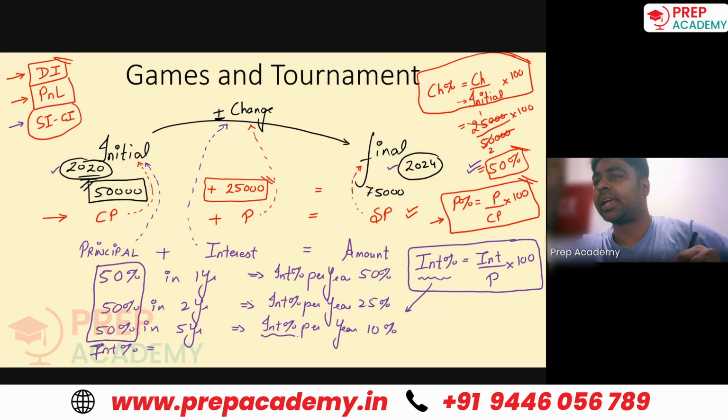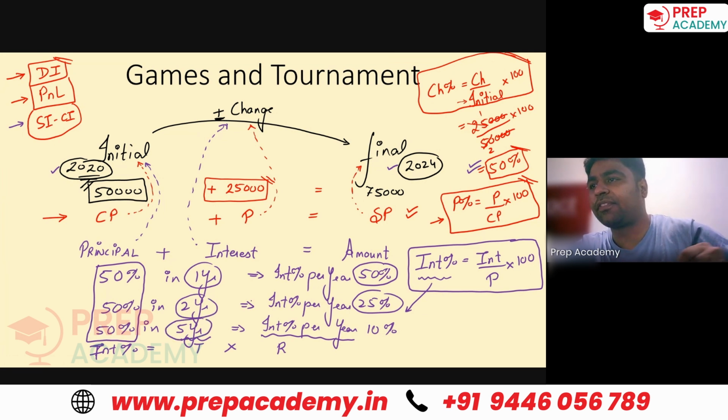One is interest percentage per year, which is called rate, and the second is time. And if you multiply these two, just see here: if you multiply 50 with 1, you will get 50. If you multiply 25 with 2, you will again get 50. If you multiply 5 with 10, again you will get 50, isn't it? So interest percentage has two components, rate and time.